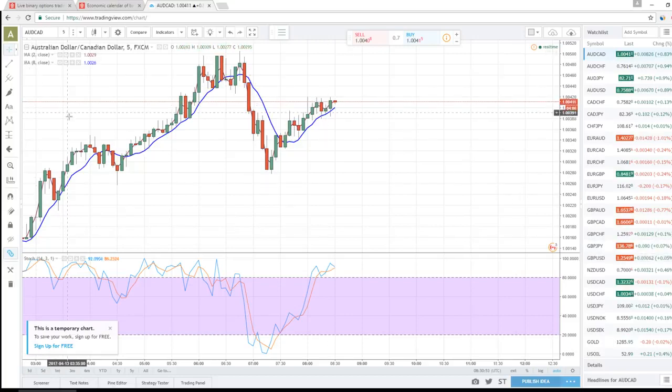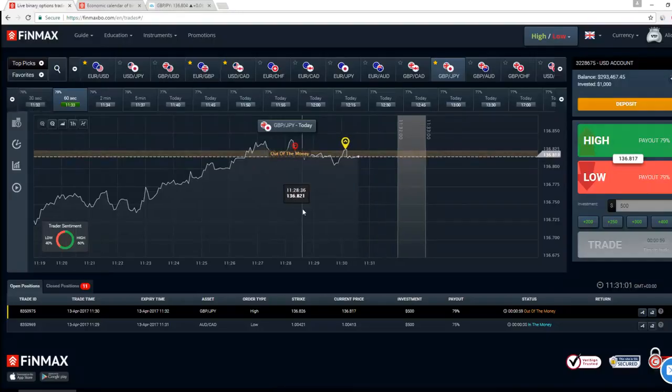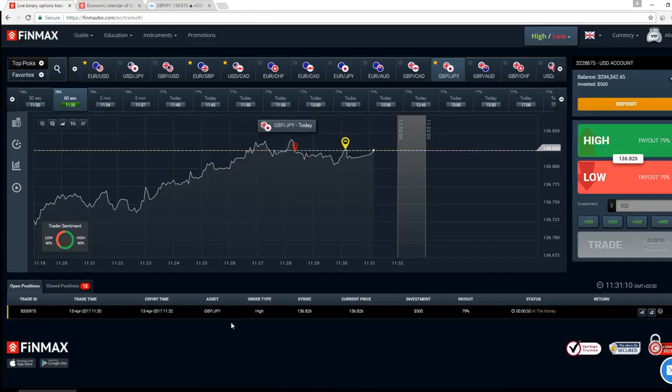One more time. I opened it for... Okay, that's not that. Okay, Australian to Canadian. We can cross out. And we have left only British pound to Japanese yen.